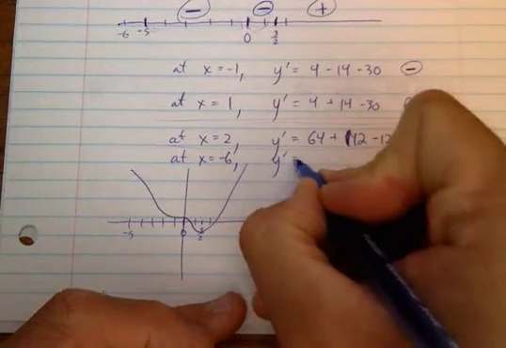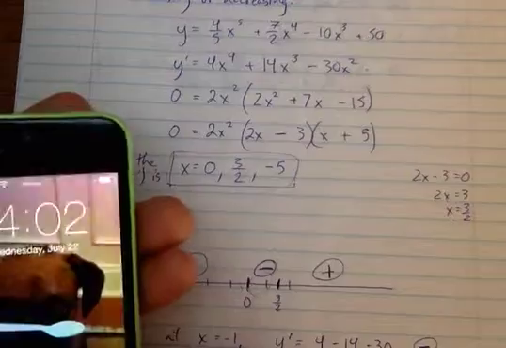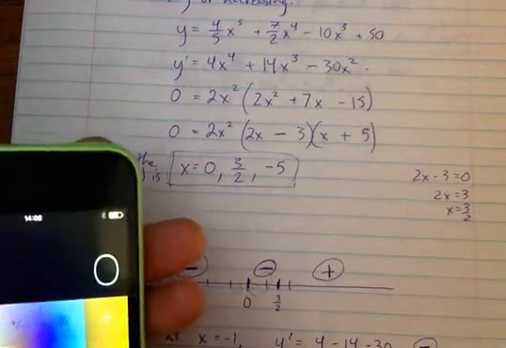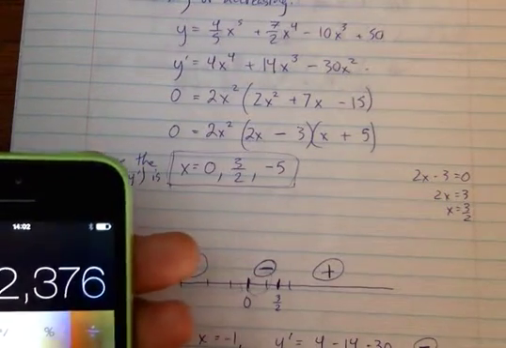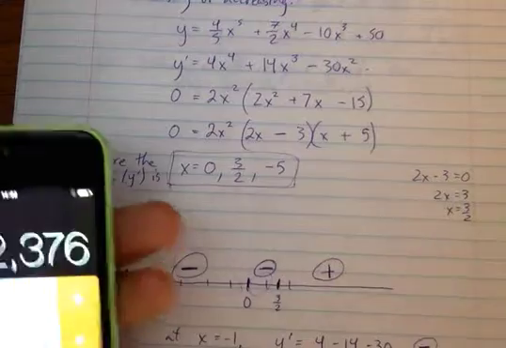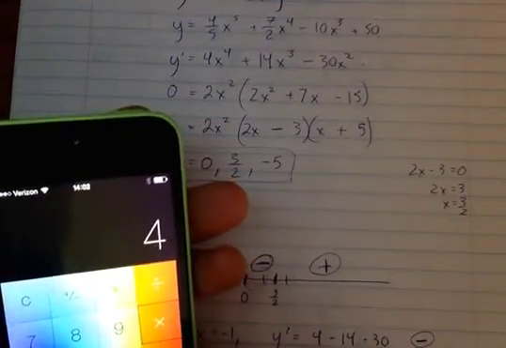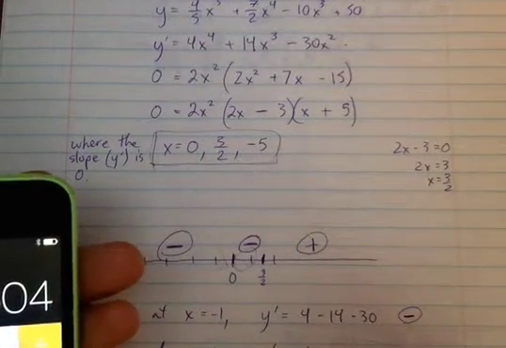Y prime equals, let's see what happens when we plug in -6 into this. So 6 to the 4th is 1,296, and then times 4 equals 5,184.